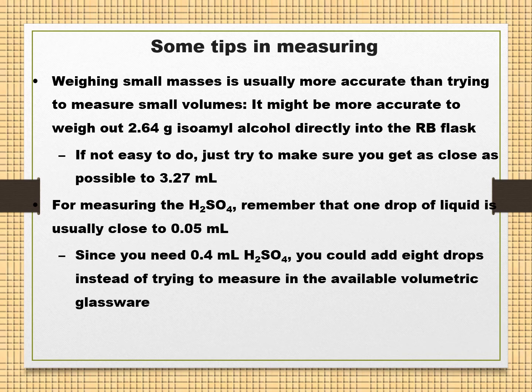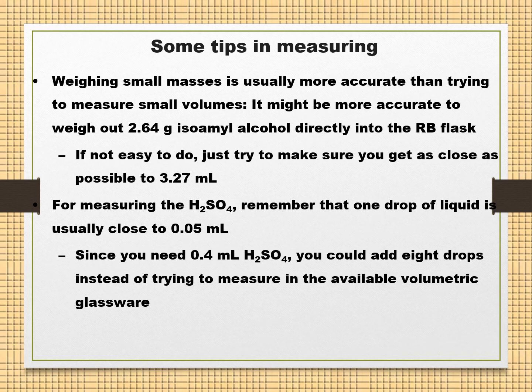You have to locate the meniscus correctly in the measuring cylinder or whatever measuring apparatus you're using. And it's sometimes difficult to measure 3.27 milliliters in such a way. So if you can make it by weighing, we recommend you to weigh.